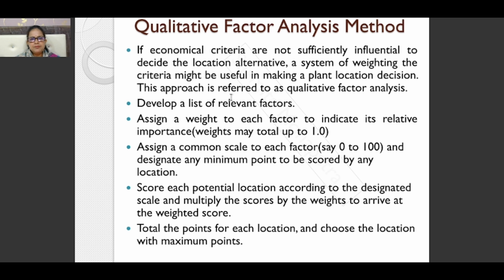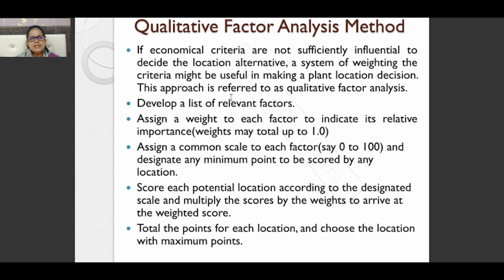Maybe it is a 5-point scale or a 7-point scale, or it can be 0 to 10, or 0 to 100. It depends on the organization and the scale assignment.